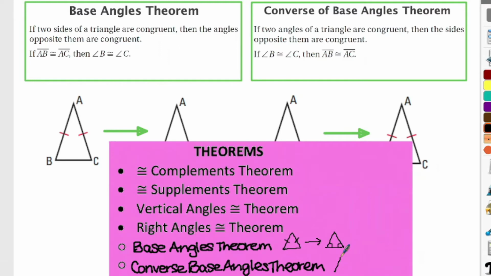And then the converse just switches the if and the then. If you see a triangle with two congruent angles, then you can say that you found an isosceles triangle.